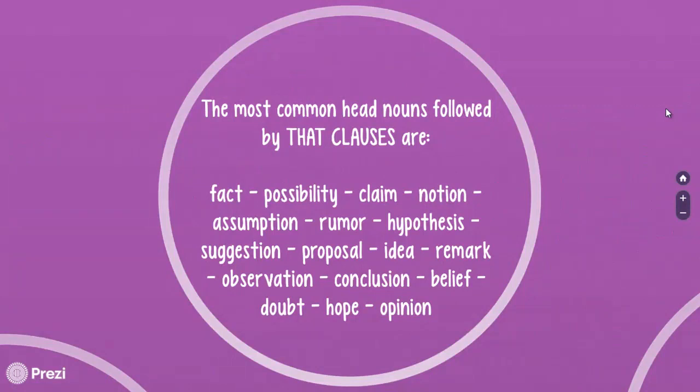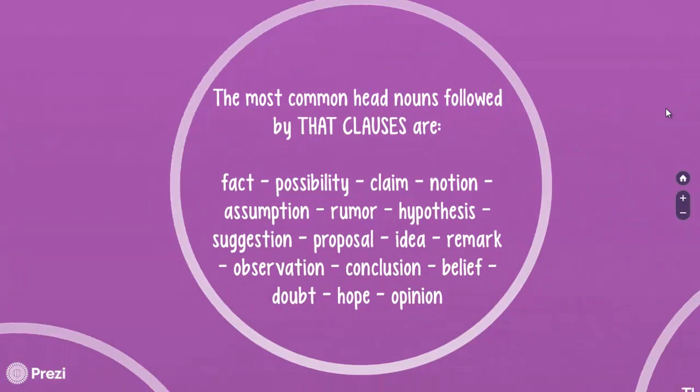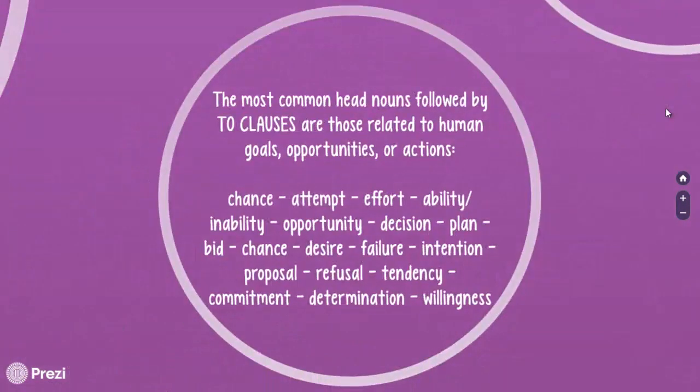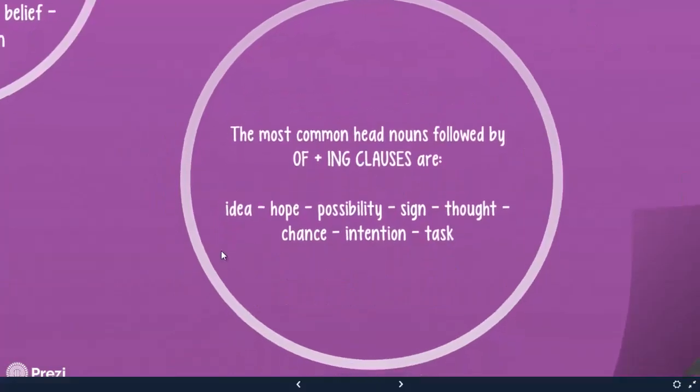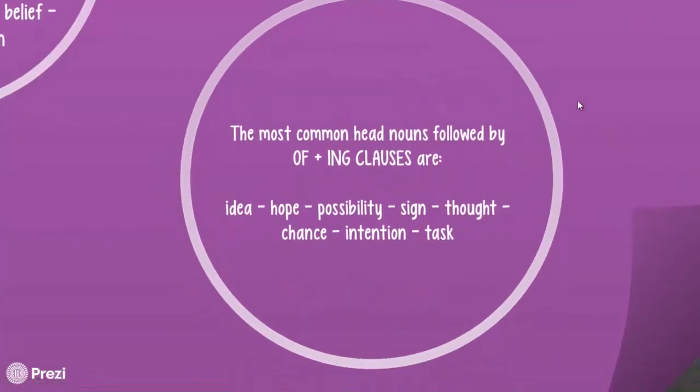In the case of to infinitive clauses, the most common head nouns which are followed by to infinitive clauses are those which are related to goals, opportunities, or actions. These are the most common head nouns which can be followed by to infinitive clauses. And regarding ing clauses preceded by the preposition of, these are the most common head nouns which can be followed by this construction.